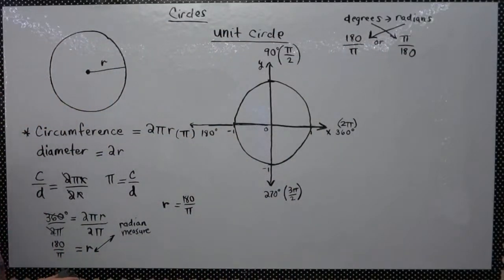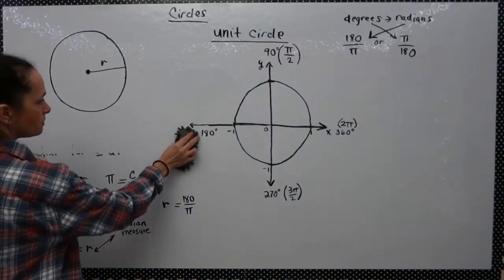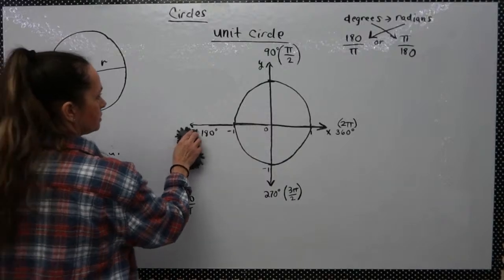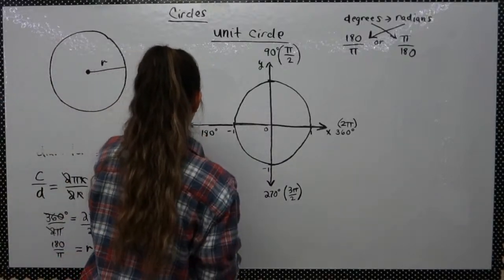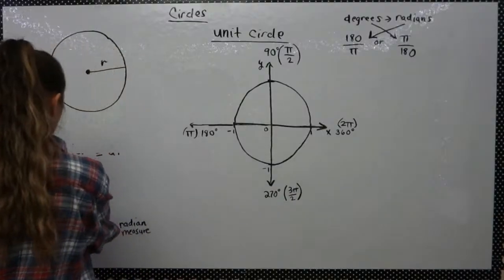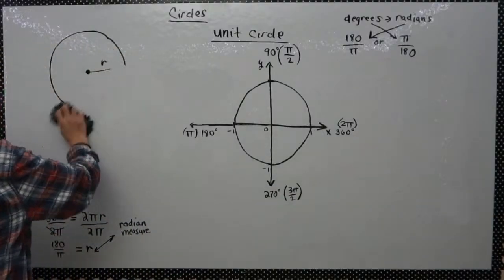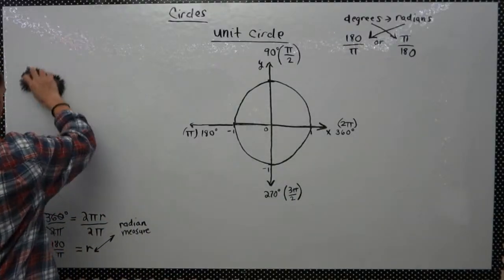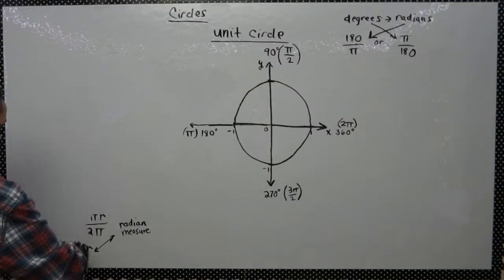So I'm going to go ahead and erase all of this as well, because that was for, well, I'll erase my pi here. I'll erase that. Really, go ahead and erase this one as well. I want to go ahead and start talking about the triangles now.